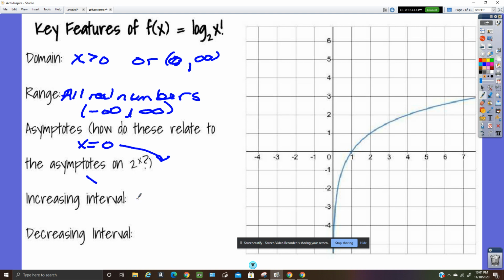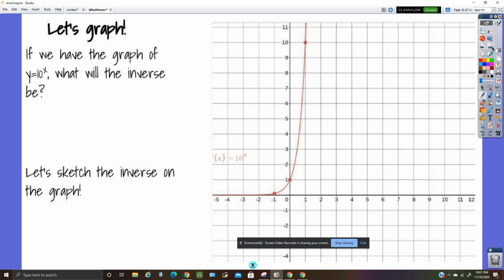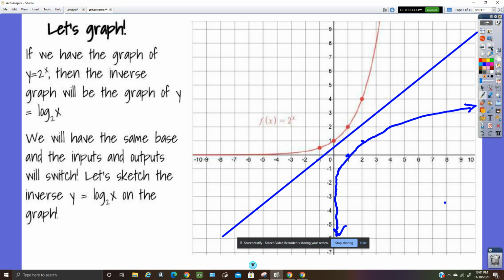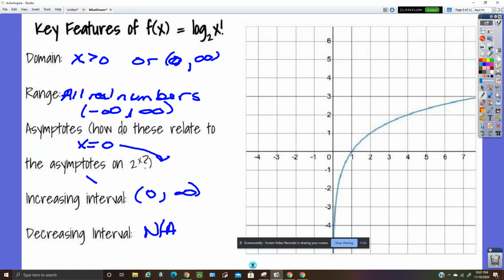The increasing is 0 to infinity, and this is NA. So they're asking you, how does that compare? Oh, that's slide 9.